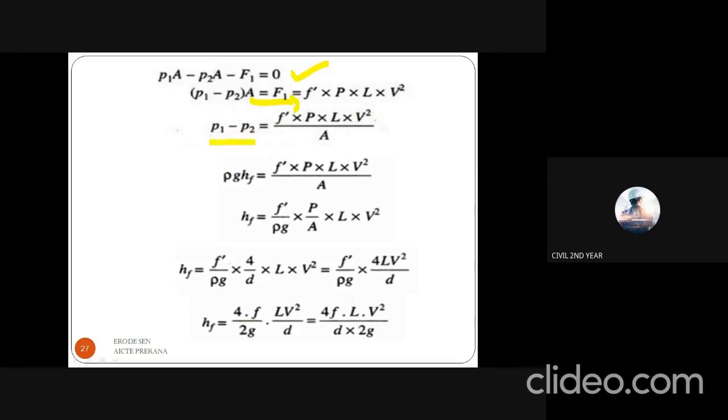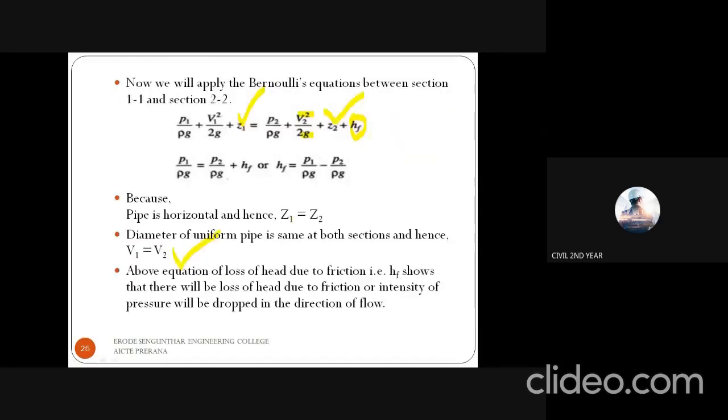Then P1 minus P2 divided by rho g, as we know from before, is equal to hf.